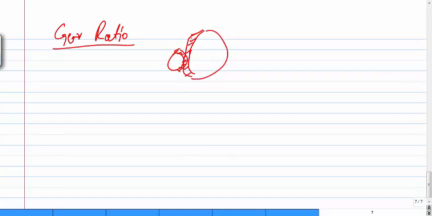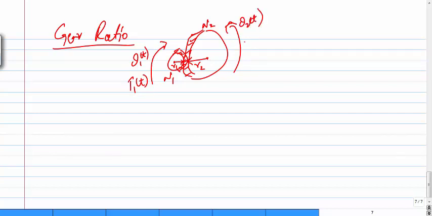Normally we use these to transfer motion. This one has radius 1, this one has radius 2. We say the number of teeth here is n2, and here is n1. It moves by theta 1 of t when torque 1 is applied. So it will move in the opposite direction with theta 2 of t, with torque 2 of t. Alright, so this is the radius. Now this is also known as the input gear, and this is known as the output gear.